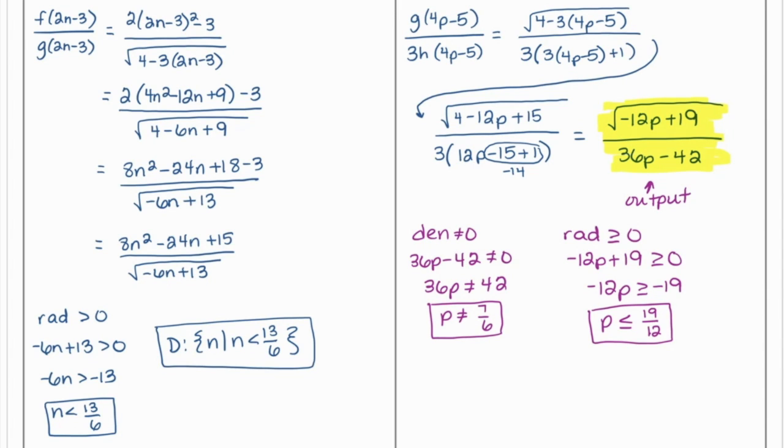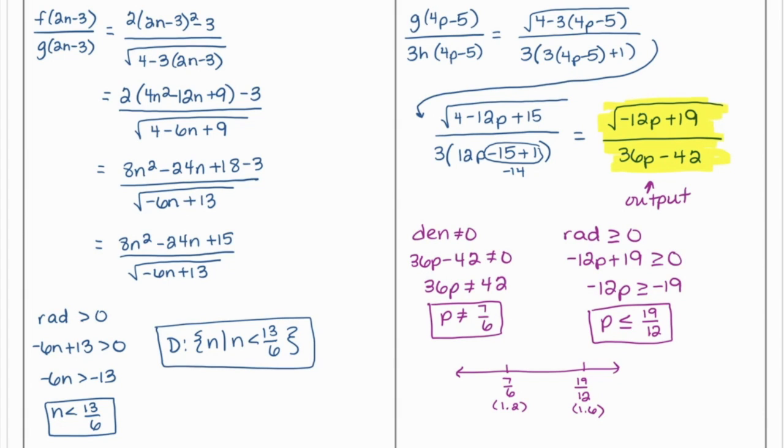Now that I have the two pieces, I'm going to put them together and I am going to see where they intersect. So there is my setup. I have 7/6 roughly 1.2 and 19/12 roughly 1.6.